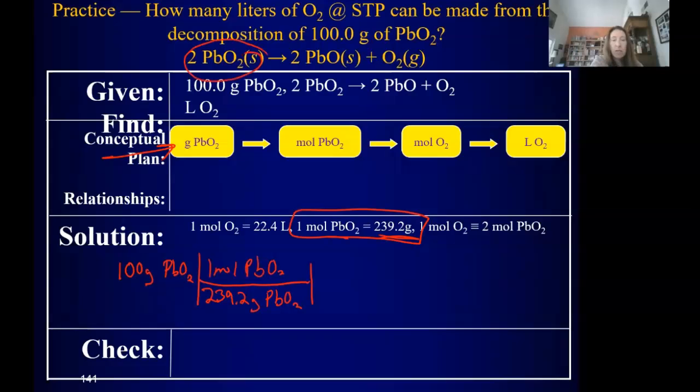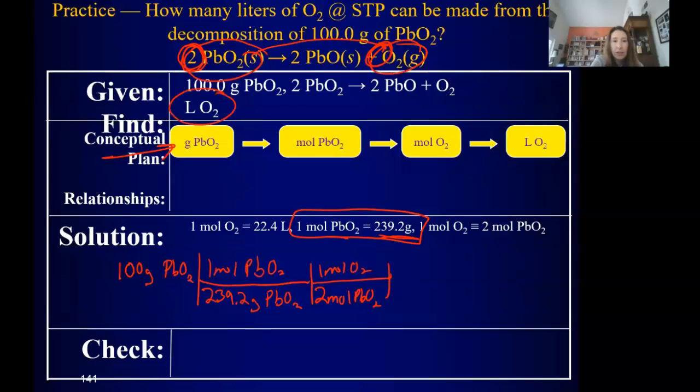Now I'm going to go from PbO2 all the way over to oxygen, 2-to-1 mole ratio. There's 2 moles of PbO2 to 1 mole of oxygen.